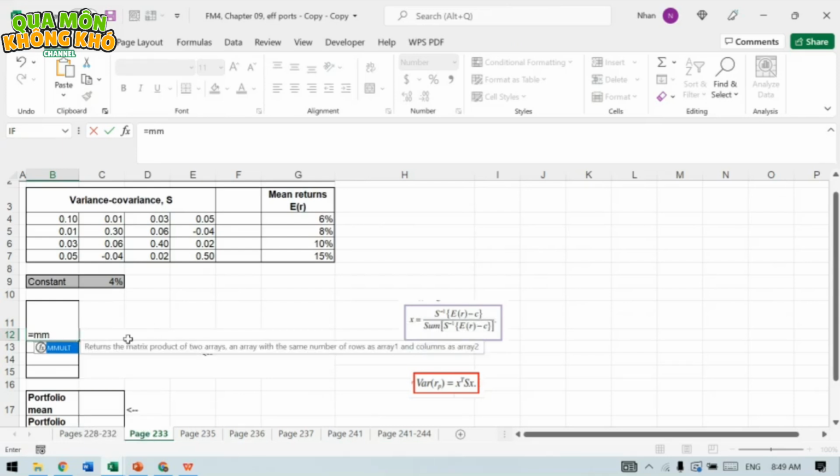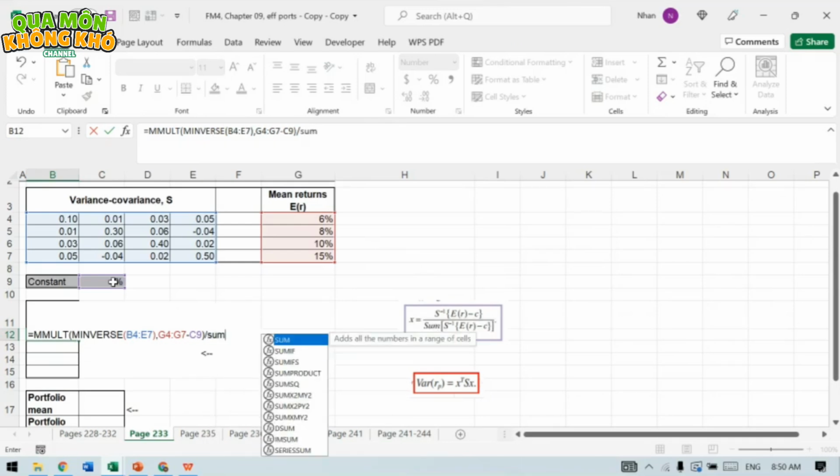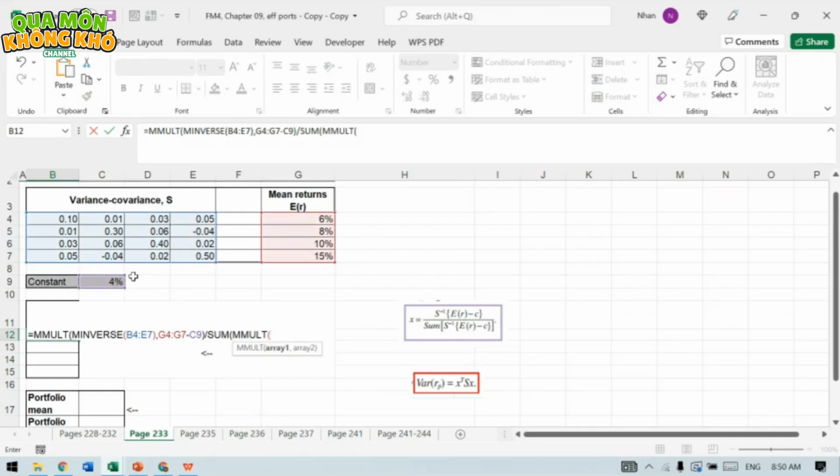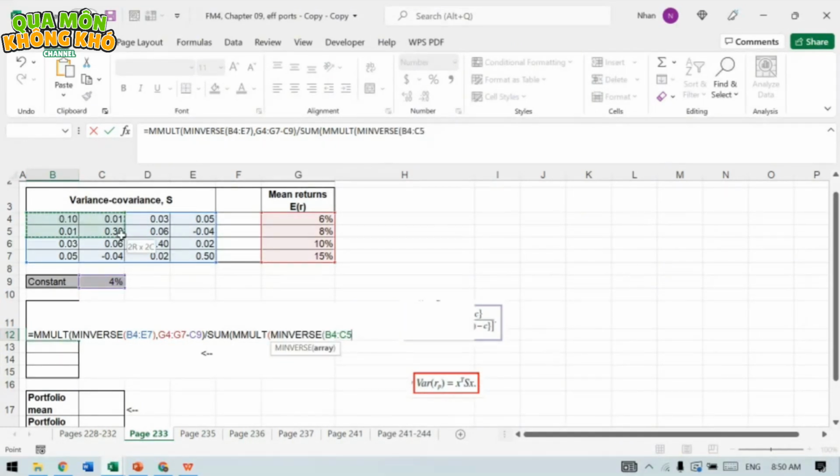It is equal to the inverse of the variance covariance, and for the expected return here you just directly minus the constant, and then the sum of the inverse of the variance covariance, and the mean minus the constant.